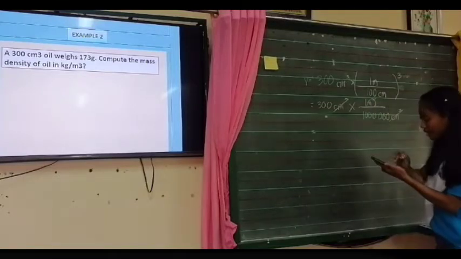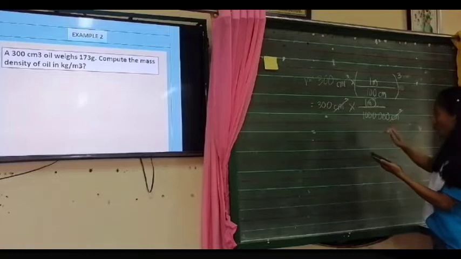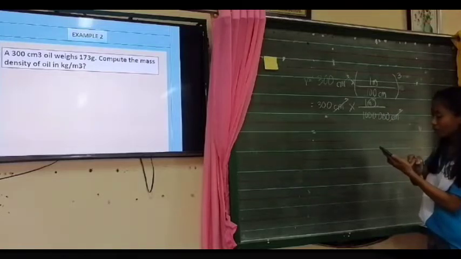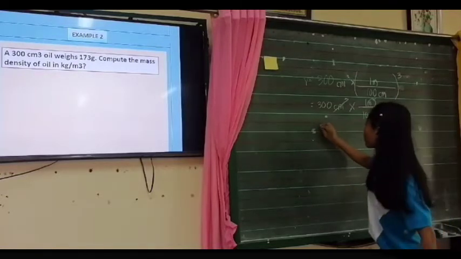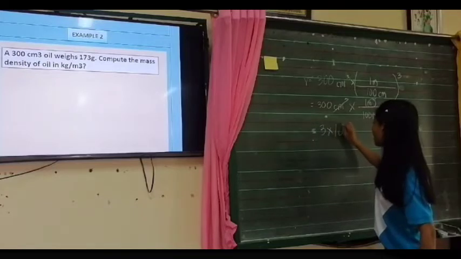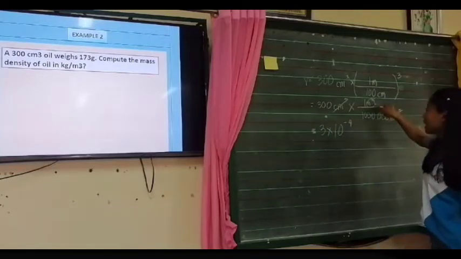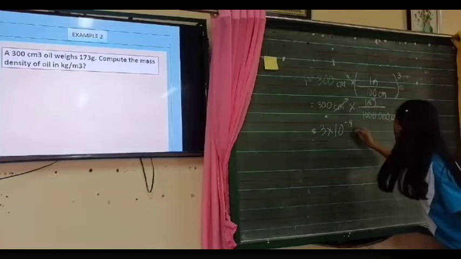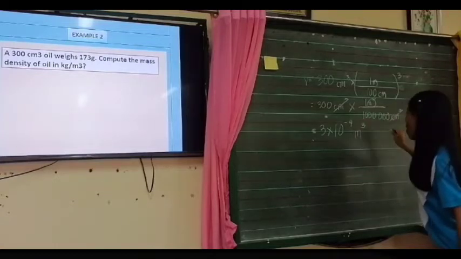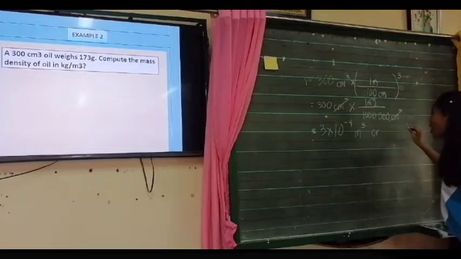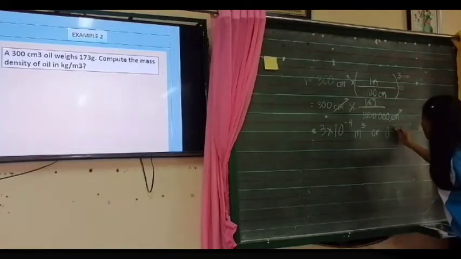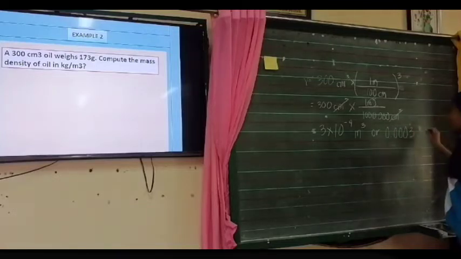So, 300 divided by 1 million times 1 is equal to 3 times 10 raised to negative 4. Natitira na lang is cubic meter. Or, kung hindi natin i-scientific notation, we have 0.0003.